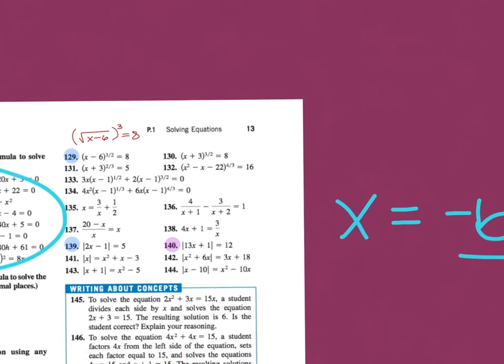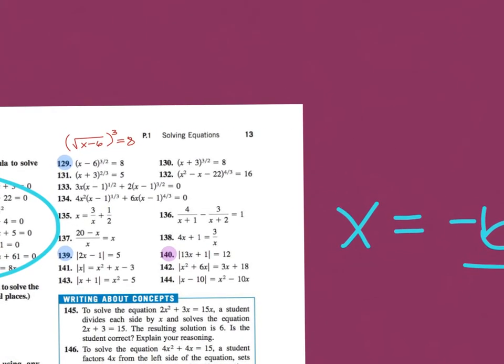And then looking at 129, if I'm raising something to the 3 halves, this is the same thing as saying the square root of x minus 6 raised to the 3rd power. So you can either individually cube root both sides of the equation to get rid of the 3, and then square both sides to get rid of the root, or you can simply use the reciprocal.